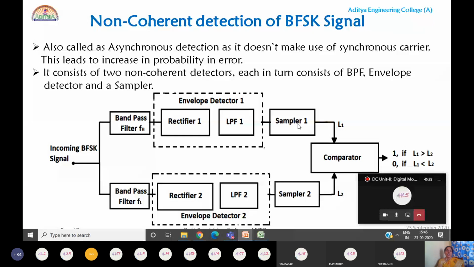But in ASK, directly the low pass filter output is compared with the threshold by using a decision device. Here we are using a sampler. Please compare the non-coherent detection of BFSK with BASK. Almost all the principle is the same, but here we used two non-coherent detectors, one on the upper side and the other on the lower side.